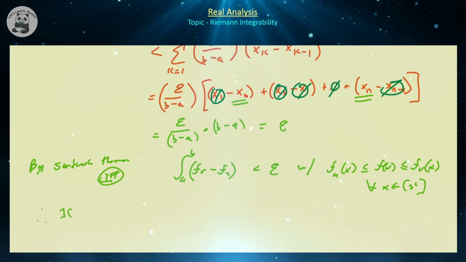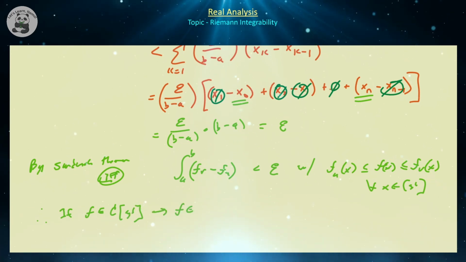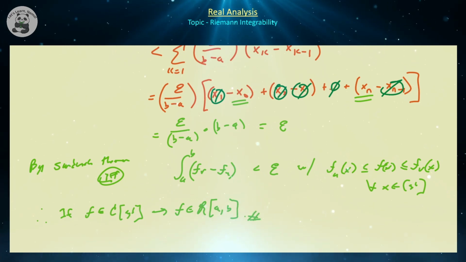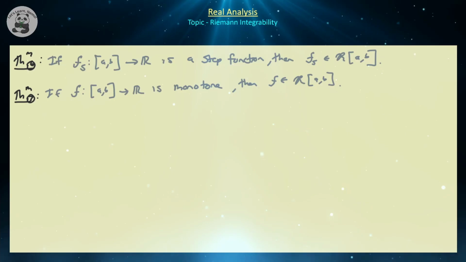Therefore, if f is a continuous function on [a, b], then f is also Riemann integrable on [a, b]. Or in short, all continuous functions are Riemann integrable. So we've proven that every single continuous function is Riemann integrable on a closed and bounded interval [a, b].